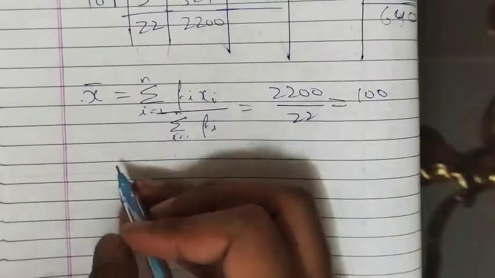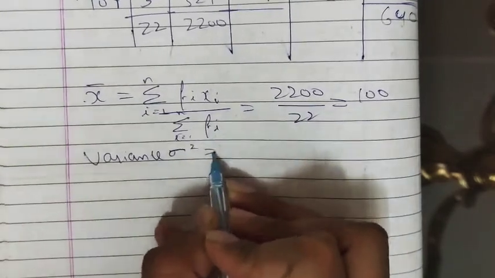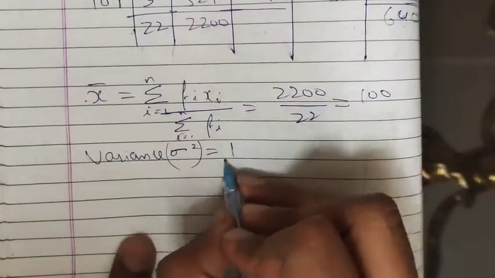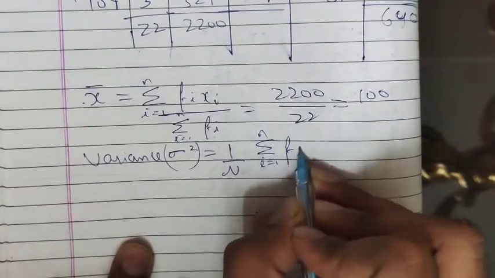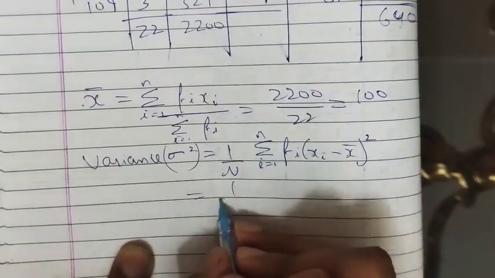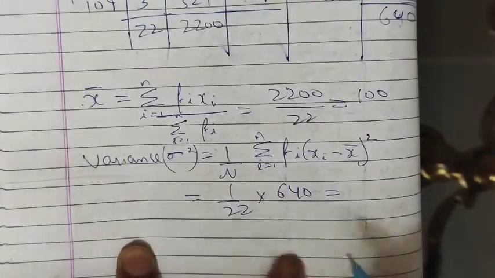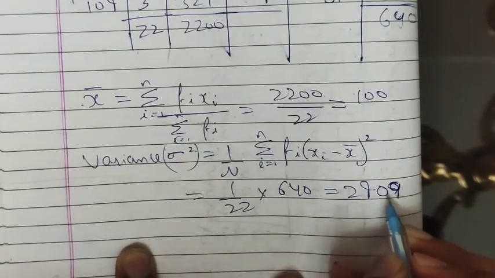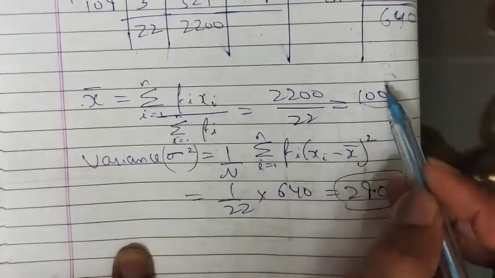So the variance formula: variance sigma square is equal to 1 upon n sigma fi xi minus x bar whole square, which is equal to 1 upon 22 multiplied by 640, which is equal to 29.09. So this is the answer, the variance, and this is the mean, right?